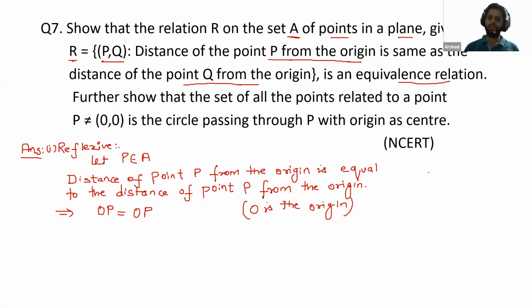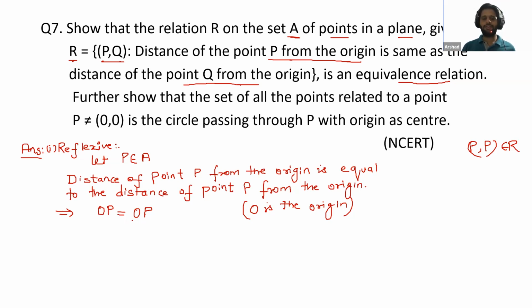For reflexive, what we need to show is that P comma P belongs to relation R. What is meant by P comma P? P comma P means the distance of origin from point P is equal to the distance of origin from point P. So we know that this is equal. We just need to represent our answer.